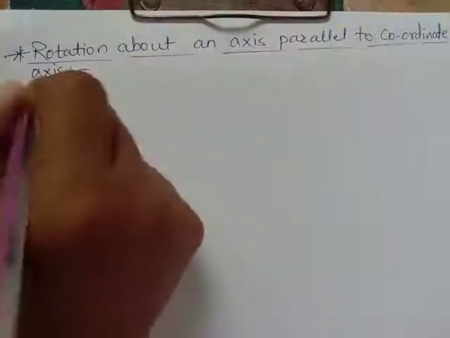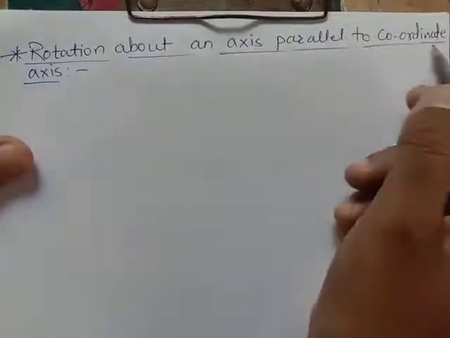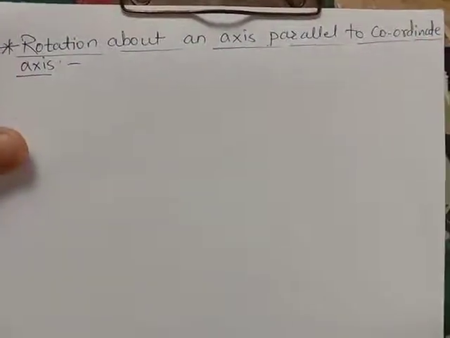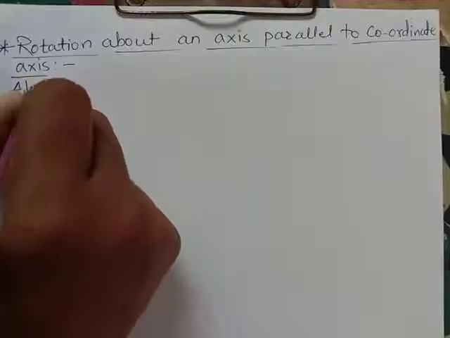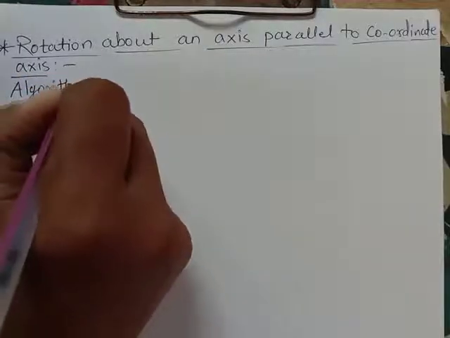We have to rotate an object about an axis parallel to a coordinate axis. Then let's see what the algorithm for that is. While writing the algorithm, I'll explain it.